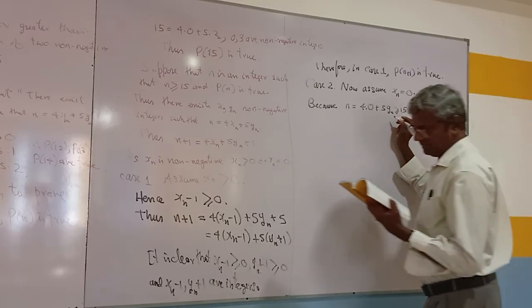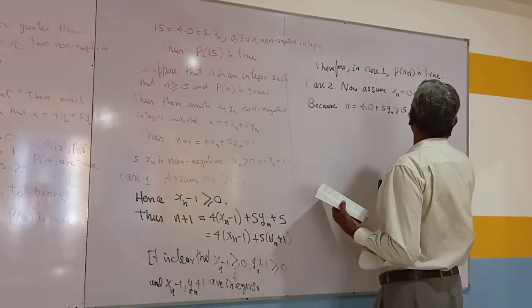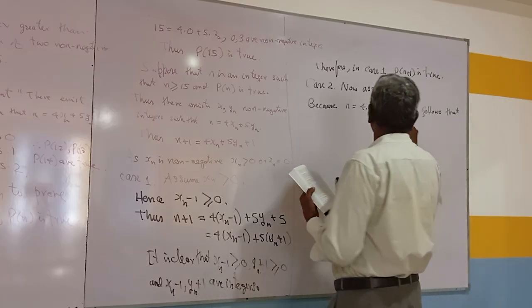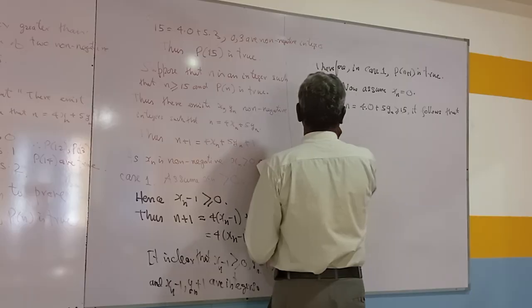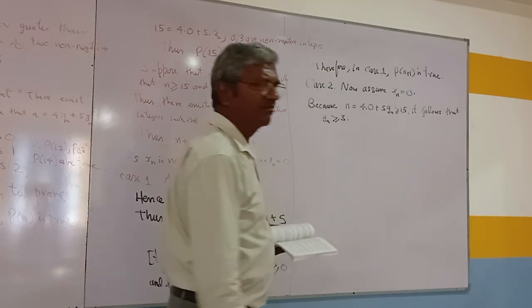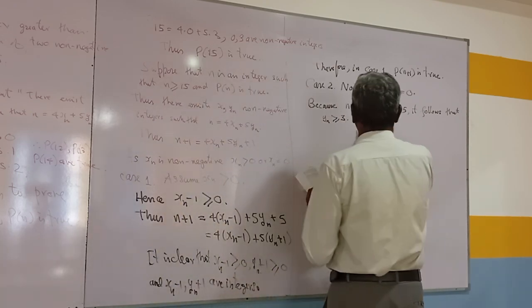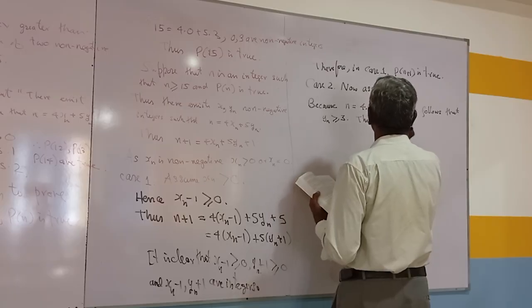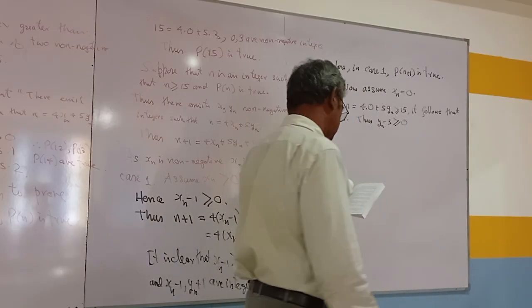It follows that 5yn is greater than or equal to 15, so yn is greater than or equal to 3. Right? Thus, yn minus 3 is greater than or equal to 0.